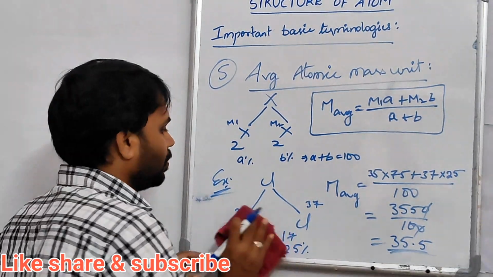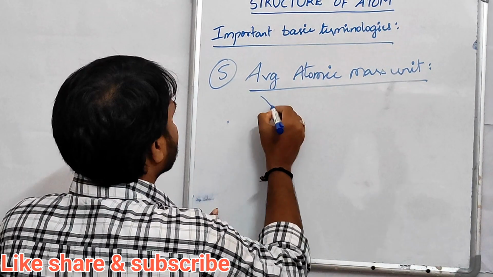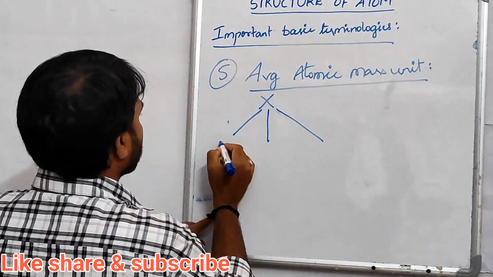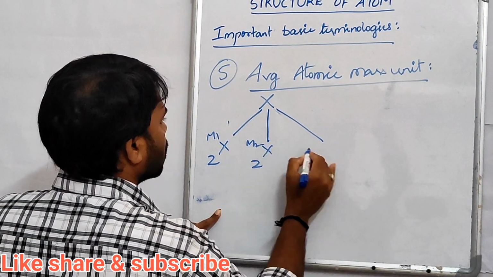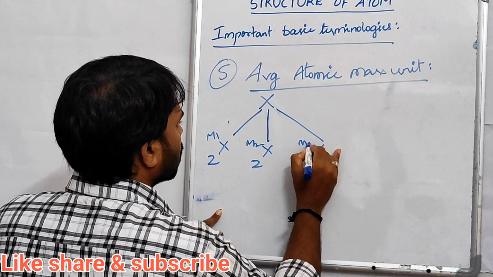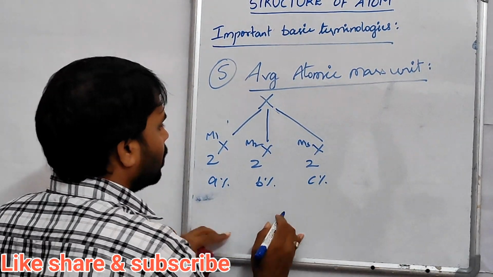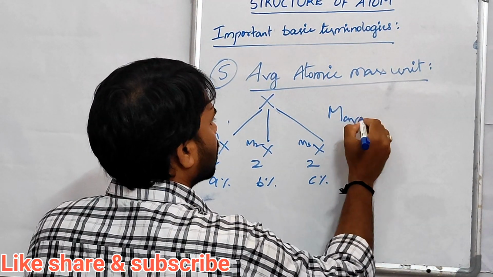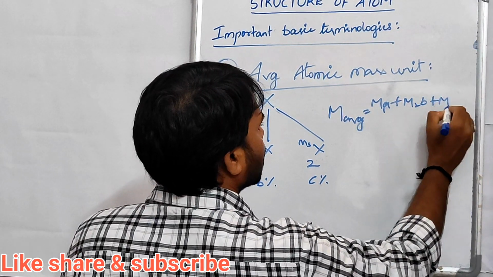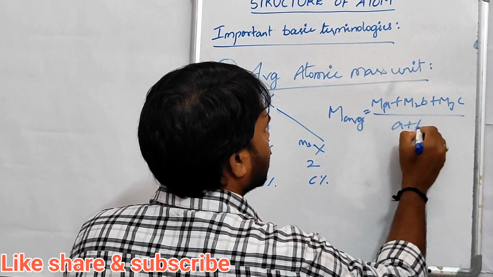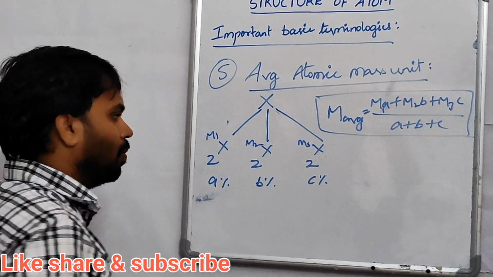Now come to case 2. An element exists in the form of 3 isotopes. The percentage abundances are A, B, C. Now the formula is (M1A plus M2B plus M3C) by (A plus B plus C). Let's see one example.